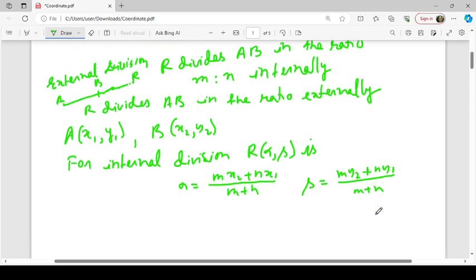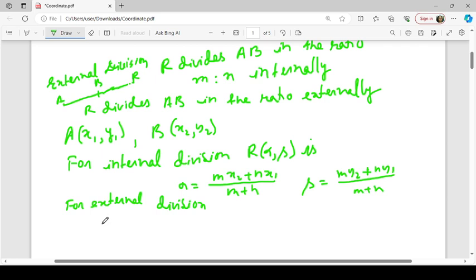And for external division, like this is external division. R is outside AB, in the extended AB.